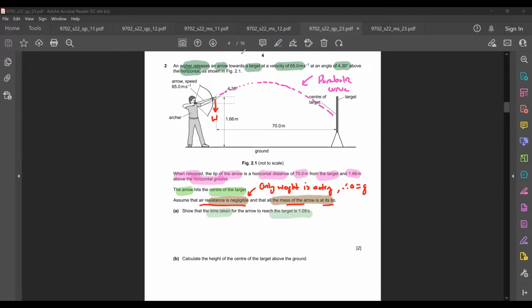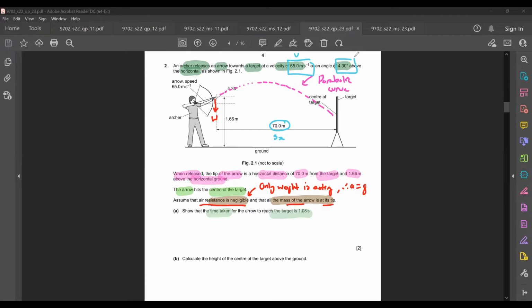So what are the things that you can do? You could have just analyzed your motion horizontally, because they give you the horizontal distance, and they also kind of gave you the horizontal velocity, but you need to work it out. They already gave you the velocity with which your object was projected and the angle with which it was projected.